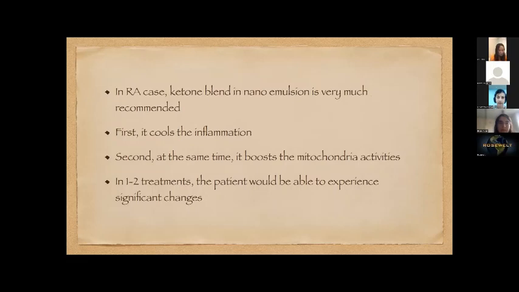So in a diabetic case, relying on ketone-rich oil blend in nano emulsion would not be enough, as more therapeutic properties need to be taken into account. At the beginning, we said that a diabetic case is a metabolic deficiency.